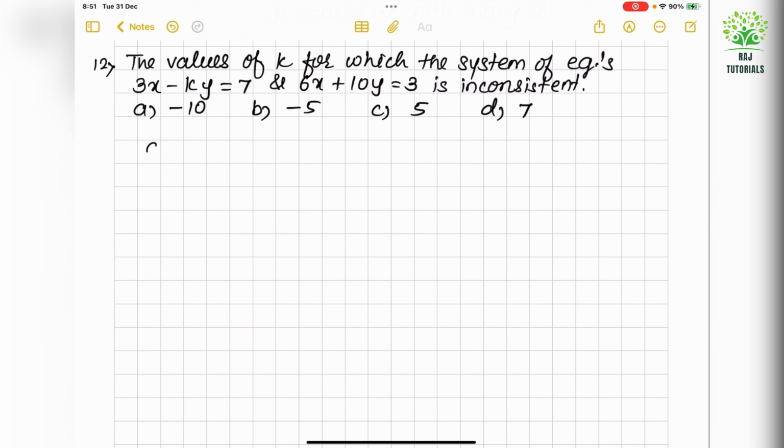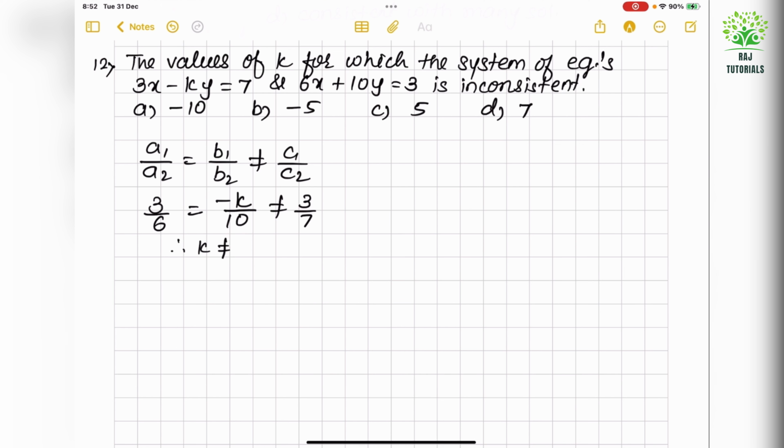So for an inconsistent system, a1 upon a2 equal to b1 upon b2 should not be equal to c1 upon c2. So 3 upon 6 equal to minus k upon 10 is not equal to 3 upon 7. So if I solve this, I will get k equal to minus 5. So B option is the correct option.